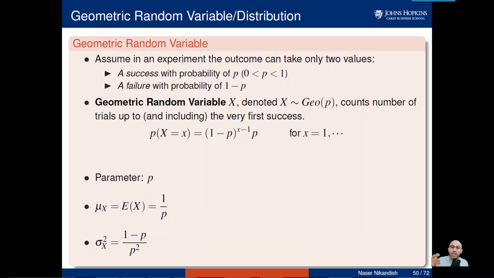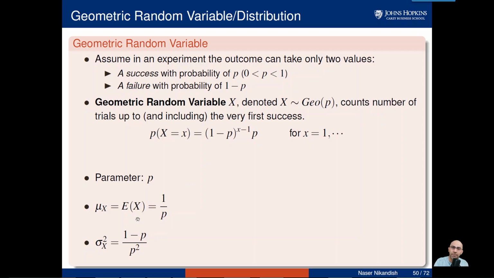You repeat the experiment until you get the first success. So the number of successes is always 1, but how many times do I need to repeat to get to that first success? A geometric random variable counts the number of experiments needed, and the probability that you need x experiments is equal to (1 minus p) to the power of x minus 1. The first x minus 1 are failures, times the last one, which must be a success, p.